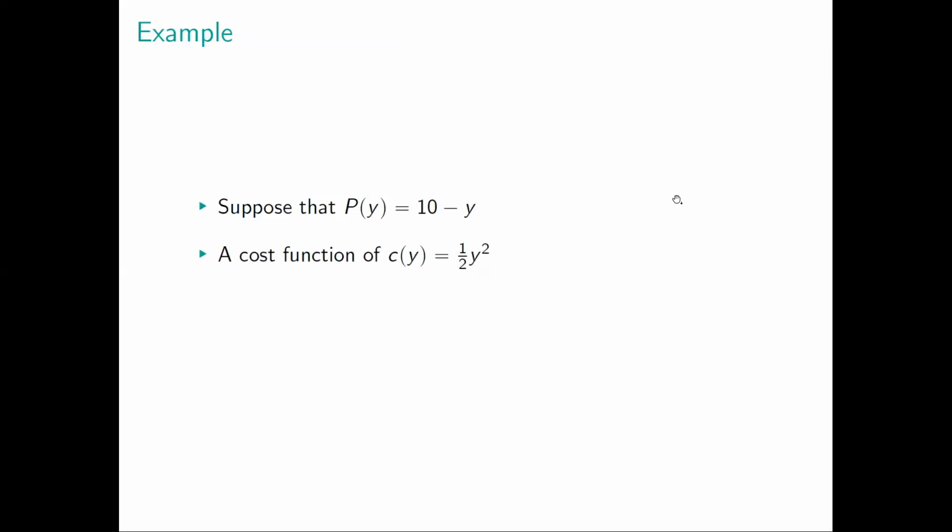Great, so I have an example here where the inverse demand function is given by 10 minus y, the cost function is given by 1/2 y squared, and we want to solve the problem for the monopolist. So first we want to set up the maximization problem.